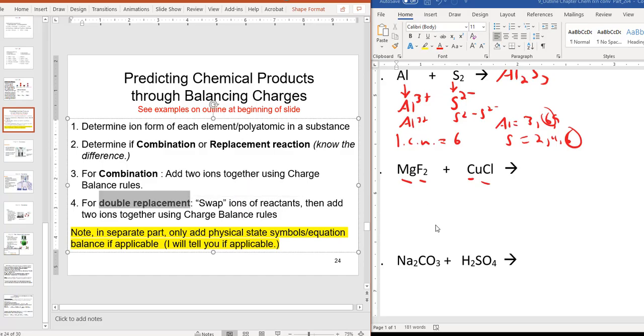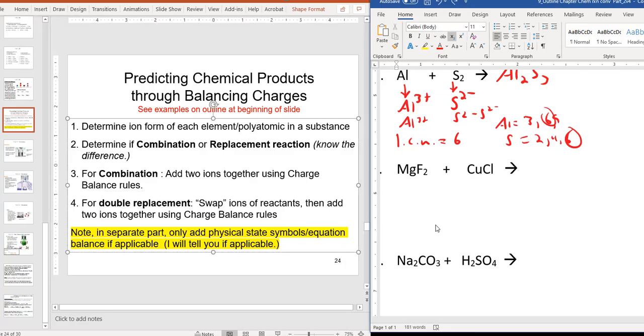That means you're going to have to swap ions. So the first thing we do is create our magnesium 2+, and then we figure out the ion for a single one, not both of them, fluoride with a minus.